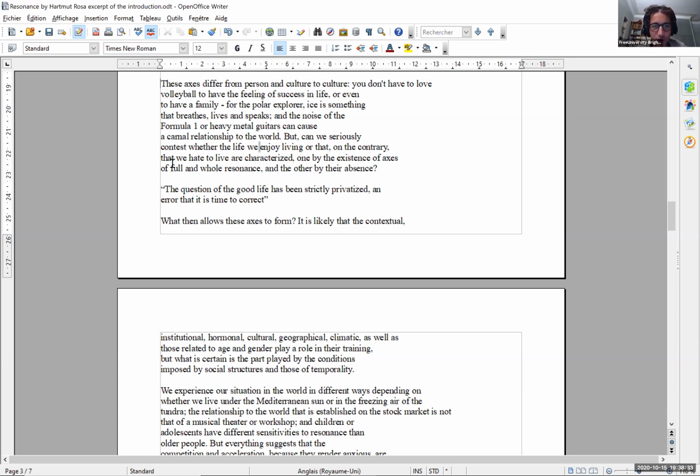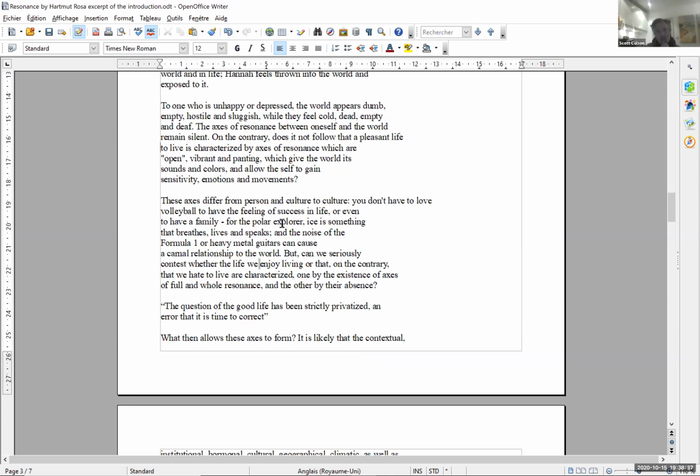So let's move on with the next segment, unless you have other elements you'd like to highlight in those two paragraphs. Well, yes, there is. Please. I'm just going to the paragraph beginning, "These axes differ from person to person, culture to culture." In terms of the intrinsicness, you could be just driving a car going around in a circle, which could otherwise be known as Formula One.